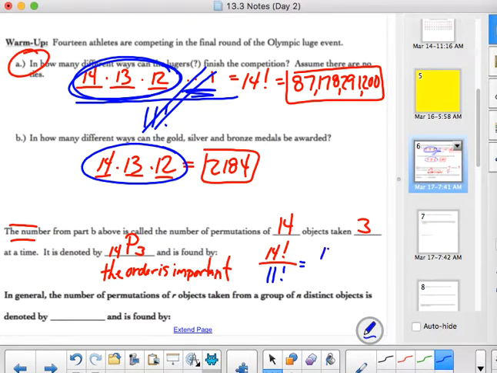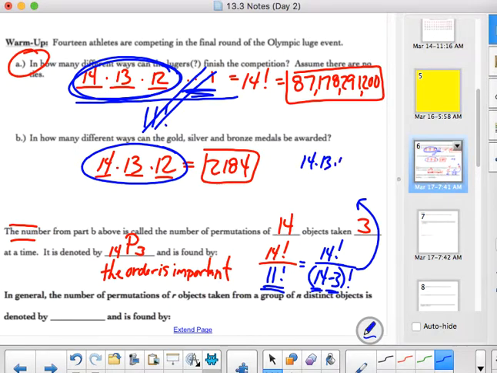A little bit more conceptually, using these numbers, we took the original 14 minus the 3 that are actually important, and that's what gave us the 11 factorial to begin with.